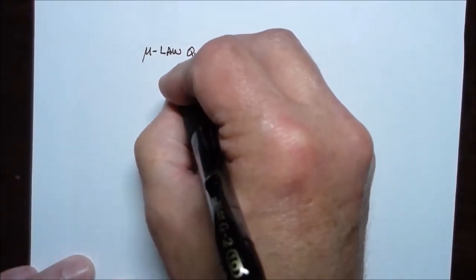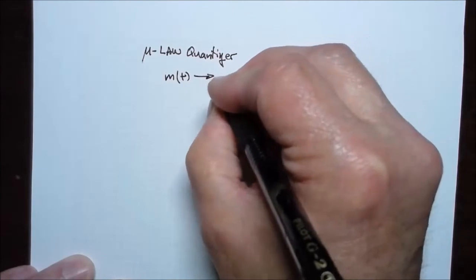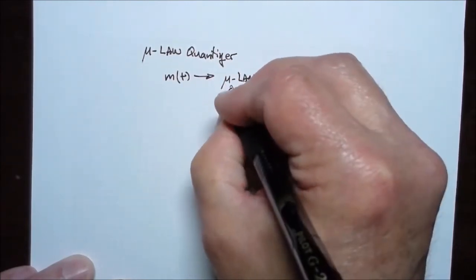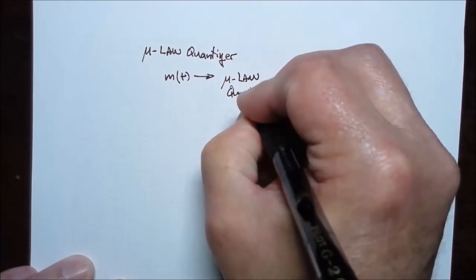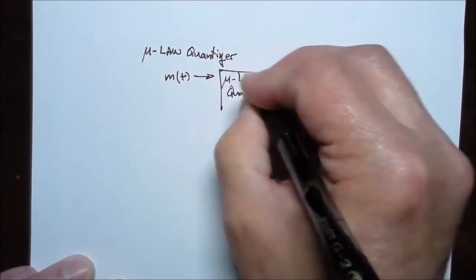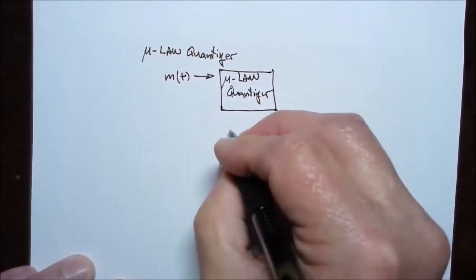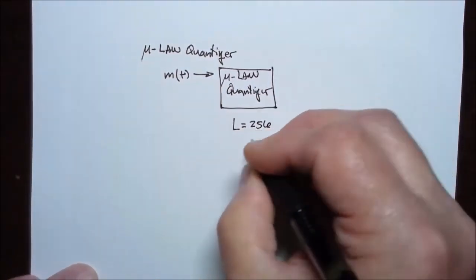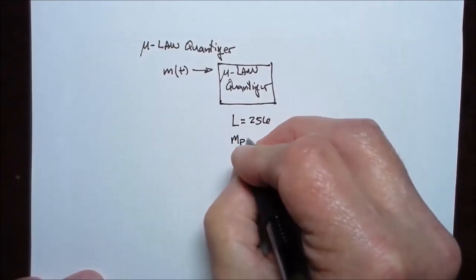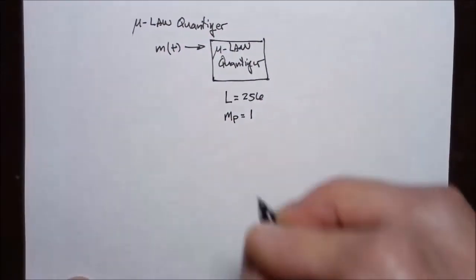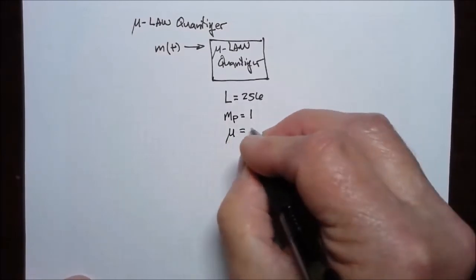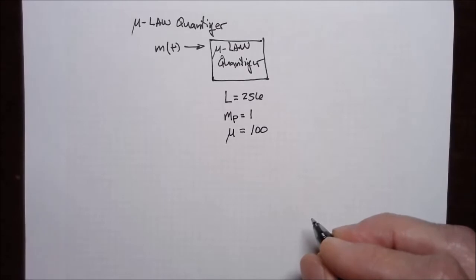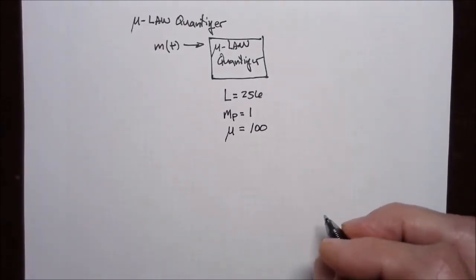We take the same message signal into the mu law quantizer. It's got 256 levels again, and it's got the same peak range, but we have a compression factor. Let's take a compression factor of 100, just so we'll have something to calculate with.